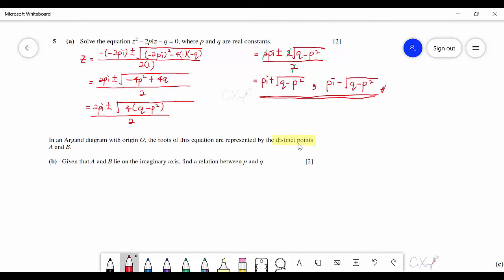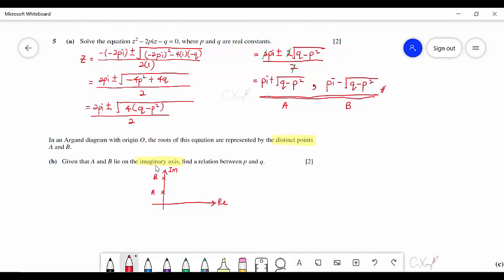So you can imagine, let's simply assume that this is A and this is B. Then they said given that A and B lie on the imaginary axis. If you sketch the Argand diagram, you might have something like this, A and B are on the imaginary axis.